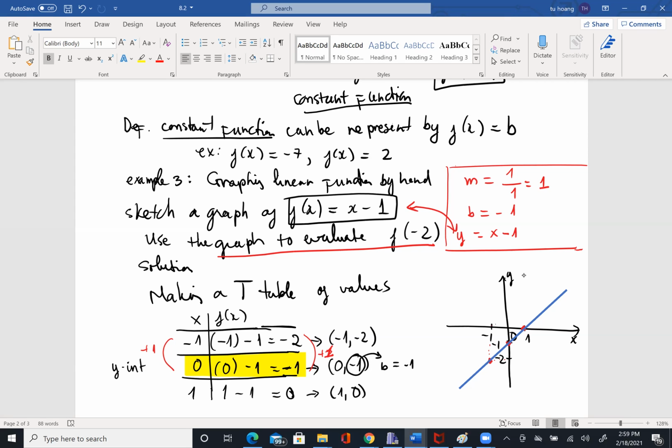Now, use the graph to evaluate f of -2. You see where x equals -2 is here. You want to check what the value of y is. In the graph, you're going to see this should be -3.